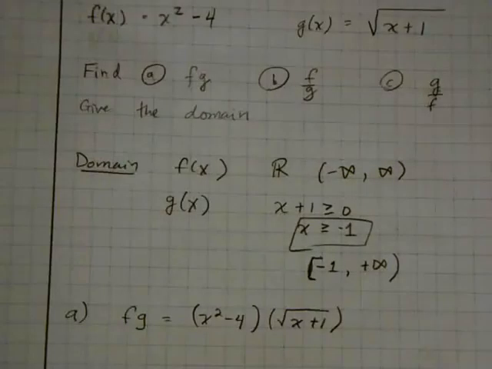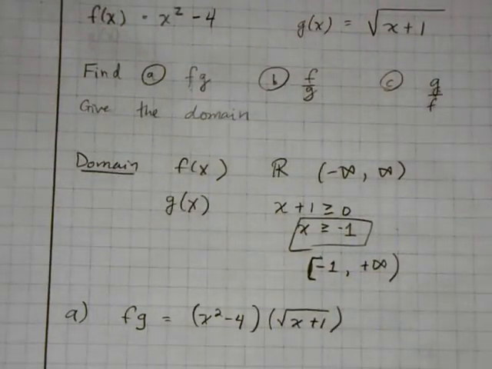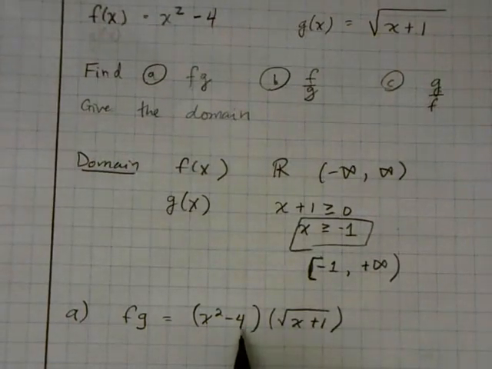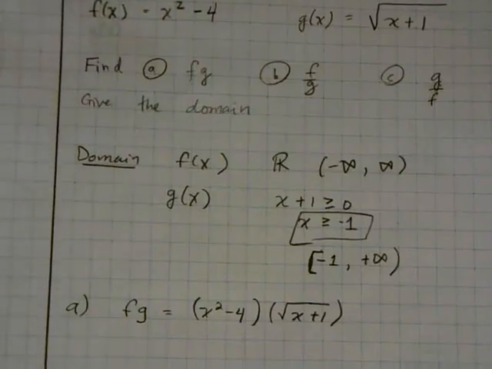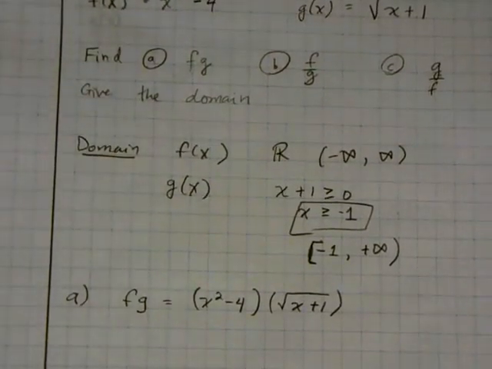And there you have it. This is all there is to it. This is f of x times g of x. Now, if there were some constants in here, I could multiply them out and try to simplify it further. But in this case, this is as far as I can go.